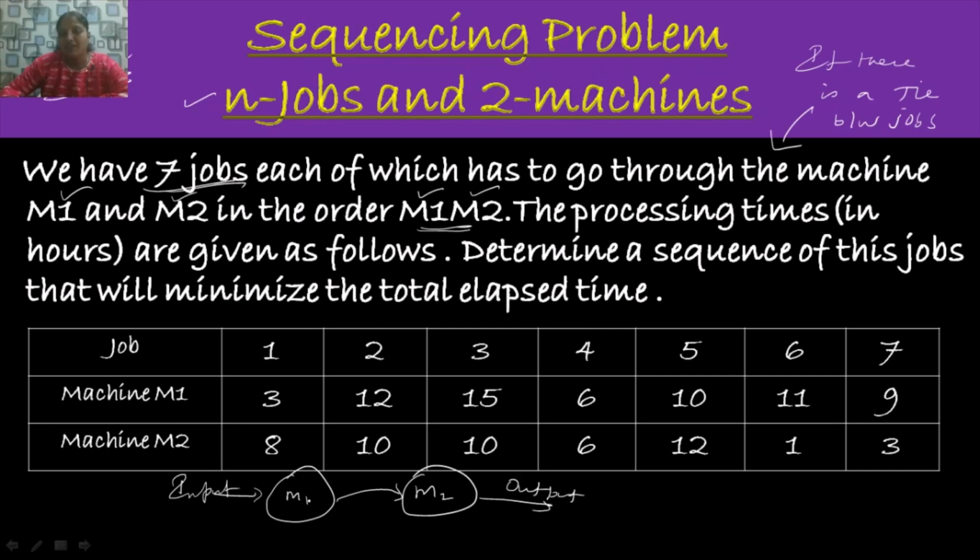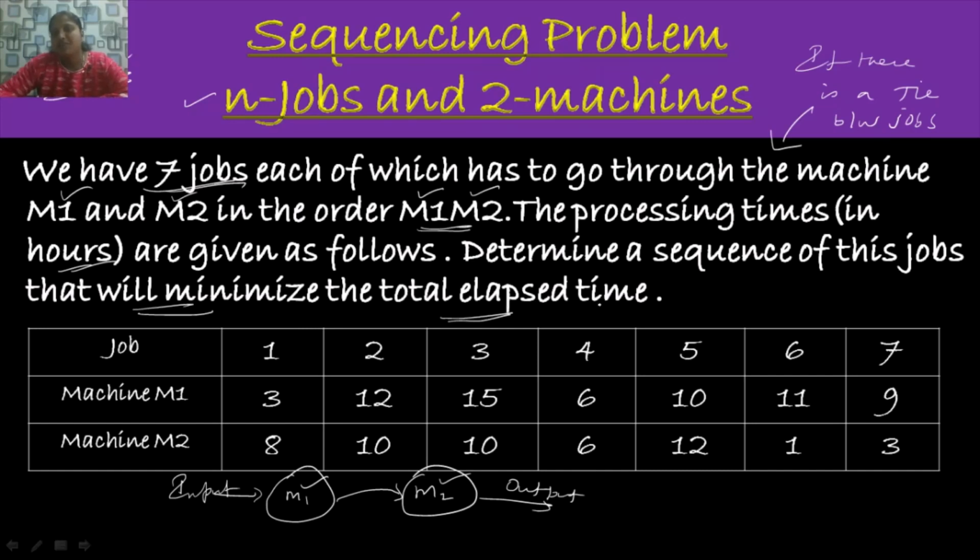The processing times, in hours, are given as follows. Determine a sequence of these jobs that will minimize the total elapsed time.